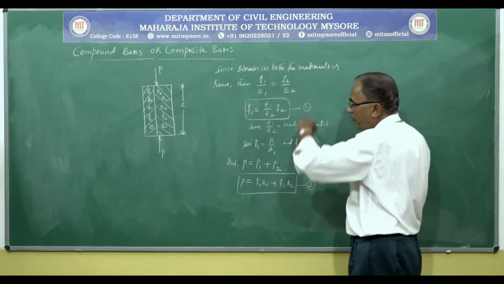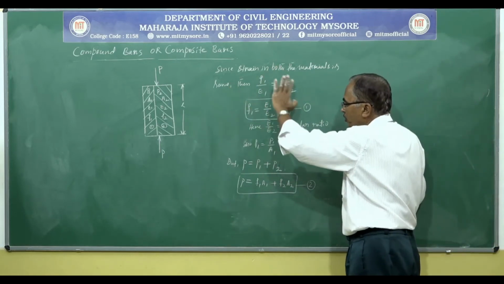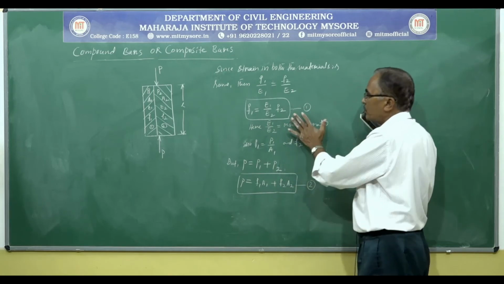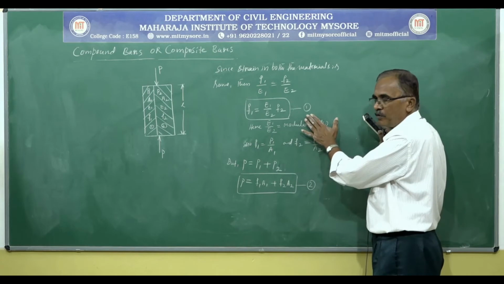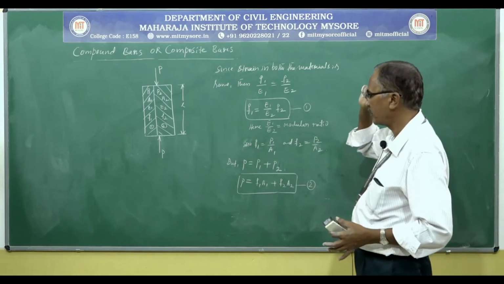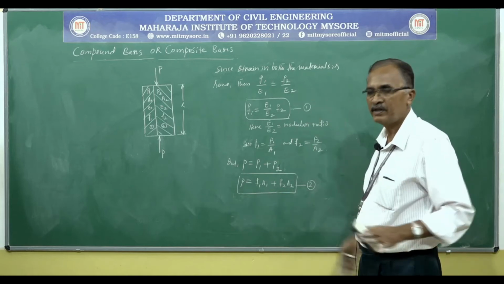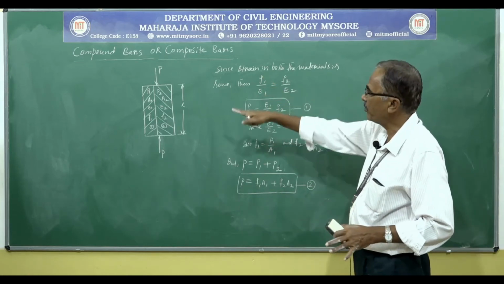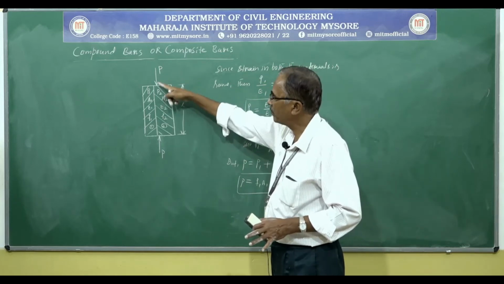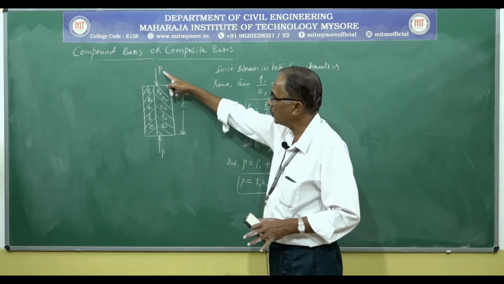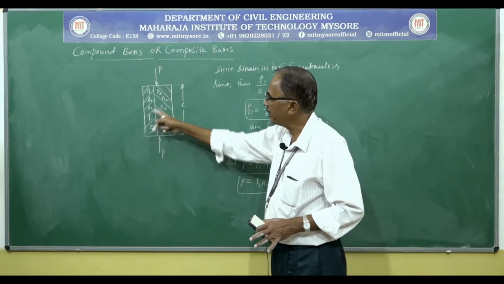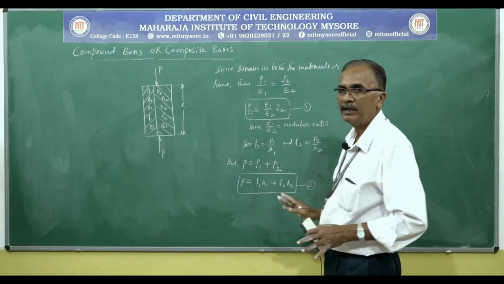So in the entire compound bar or composite bar, we use these two equations. We obtained these equations based on a concept, the concept that we repeatedly discussed. The compound bar as a whole will receive the load, and when the bar is acted upon by a load, it receives the load as a whole, and the load carrying capacity depends upon the materials.